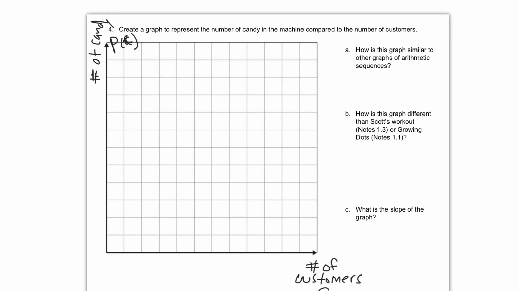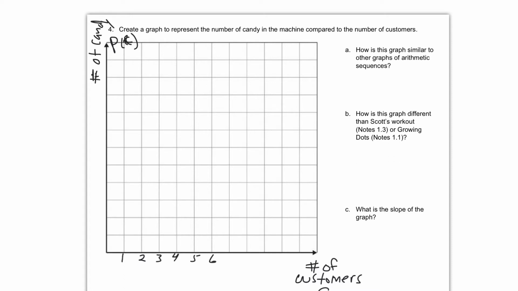Now, the next thing we need to do for our graph is we need to come up with a scale. So if we take a look at the table again from our question number 2, we started at 0 and we went up to about 6 in our table. We could continue to go on, but we had about 6 to represent what we needed. So let's label. We can go up by ones again. So we have 1, 2, 3, 4, 5, and 6.